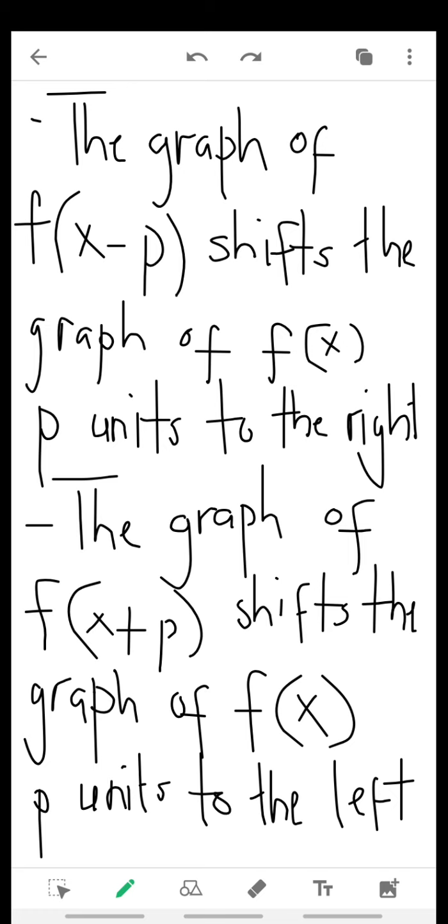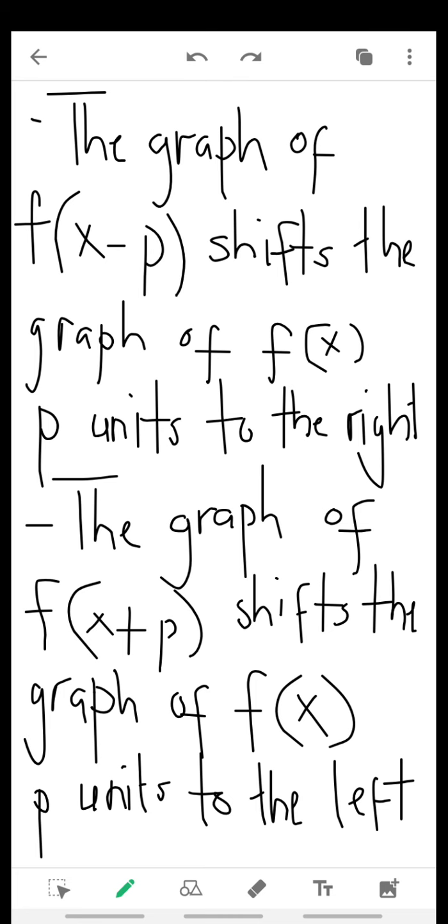And then the graph of f at x plus p will shift the graph of f by minus p units, or by p units to the left, because when I equate this part to 0, it will be x equals minus p.